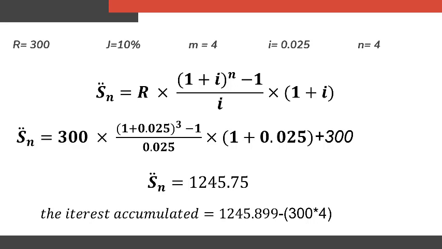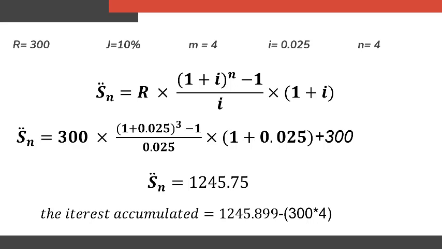Also, you can solve this problem with the formula of ordinary annuity, and you will get the same result if you substitute for N with 4. In this problem, we will use the annuity due formula: S double dot n equals R times (1 plus I to the power of n minus 1) over I, times (1 plus I).